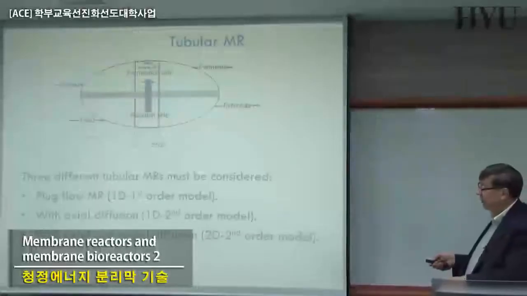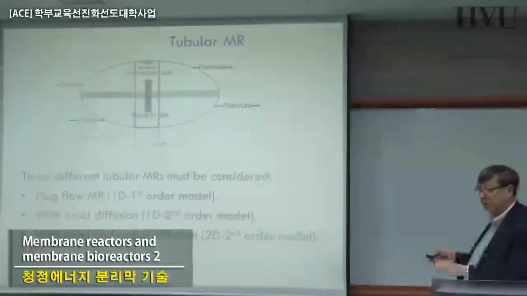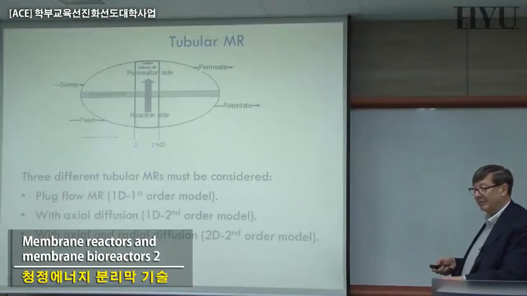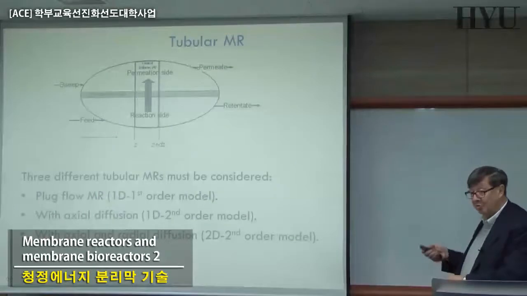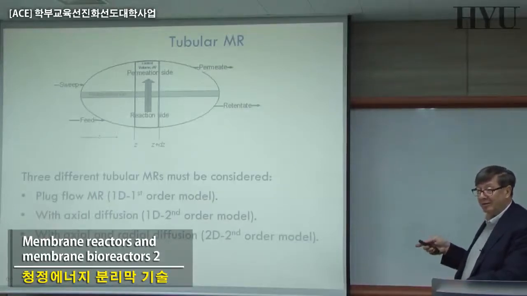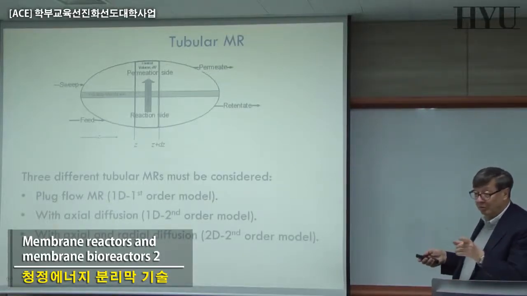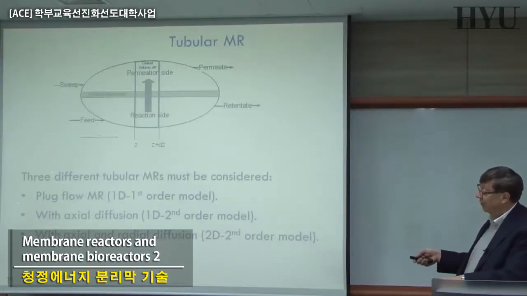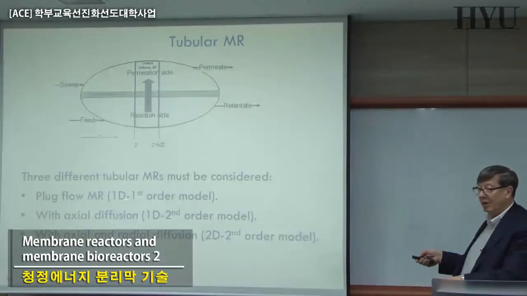That's if you want to study these things. You are not supposed to study all these systems in this course, but you have to know that these things exist, and if tomorrow you have to study or understand this kind of system, you have to know that you have plug flow membrane reactors, where we have a one-dimensional first-order model.